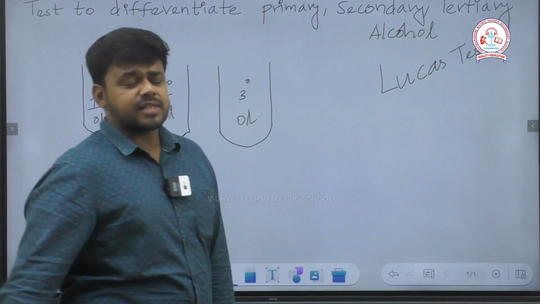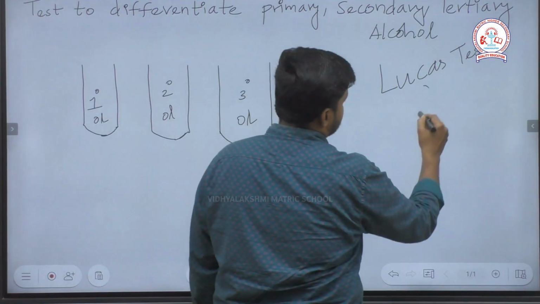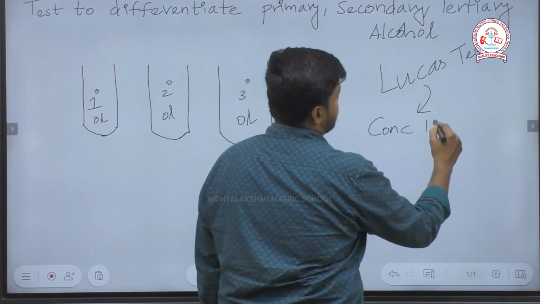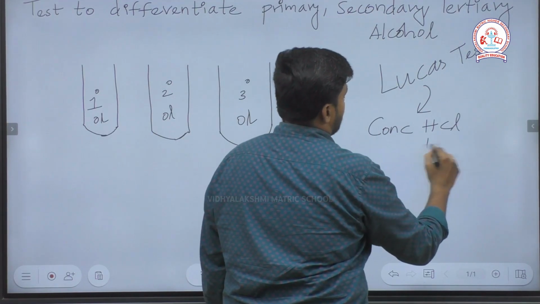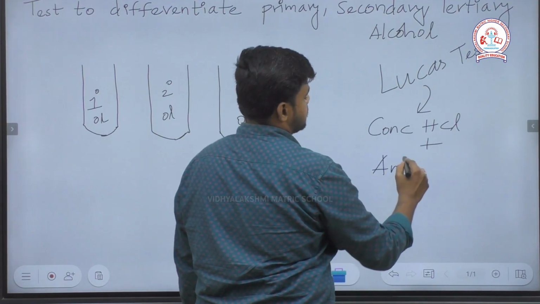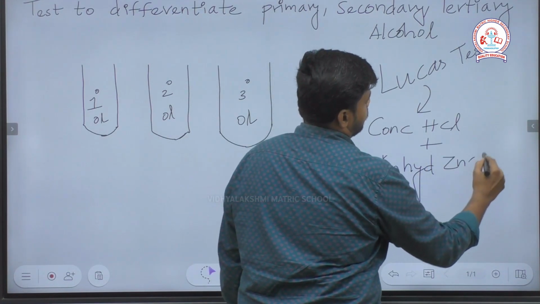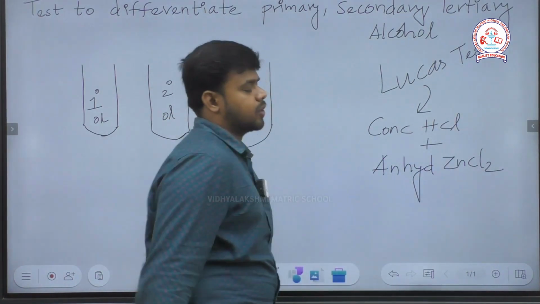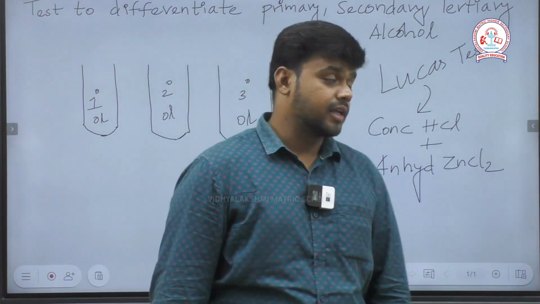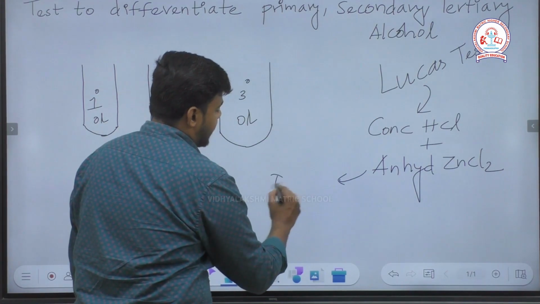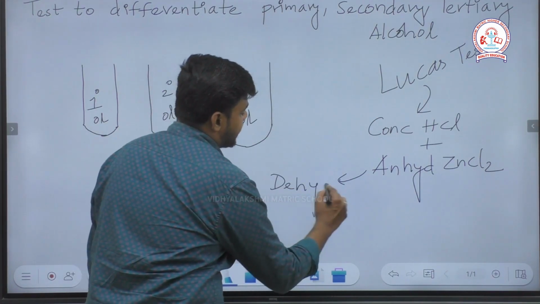When I say Lucas test, the Lucas reagent is concentrated HCl along with anhydrous zinc chloride. Concentrated HCl and anhydrous zinc chloride. The purpose of this anhydrous zinc chloride is that it acts as a dehydrating agent.